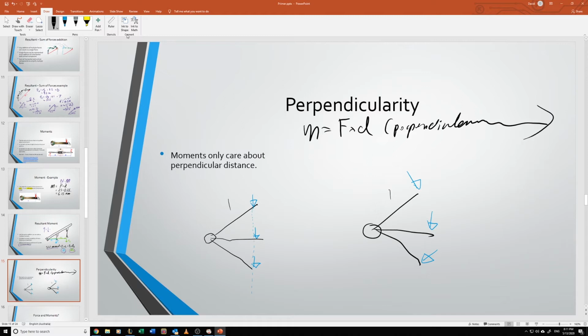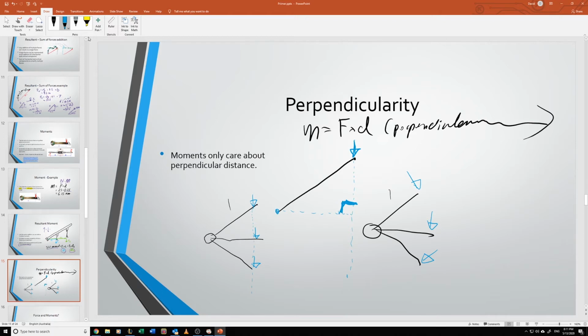What's happening is, as I said, the force only cares about the perpendicular distance. If we zoom in on this case over here, and we're pushing down with this force, it only cares about perpendicular distance. If we imagine our force is an infinitely long line, we want to find the point where it is perpendicular, at a right angle, to the place that it's rotating about.